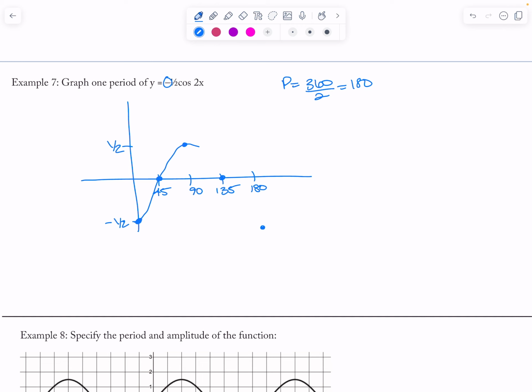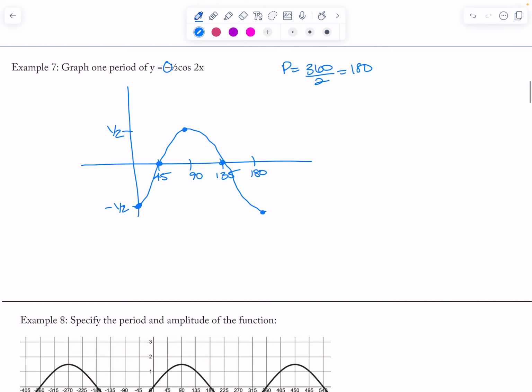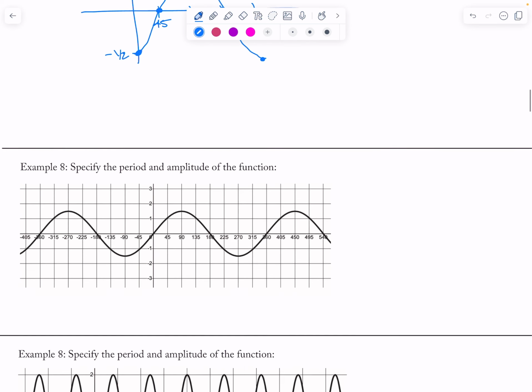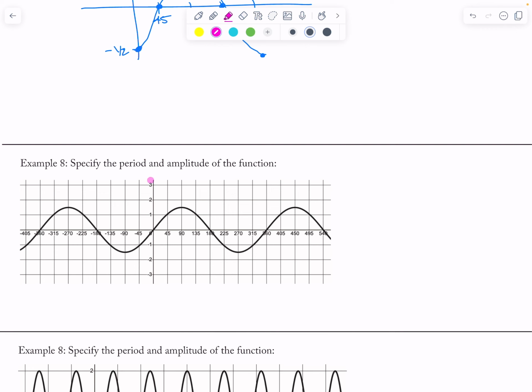And so if you notice, all of them have the same shape, but what's different is what you're labeling as your x-axis and your y-axis. Okay. When I try to find the period of a function, I'm looking at one full cycle. It looks like from 0 to 360 degrees is one full cycle for sine.